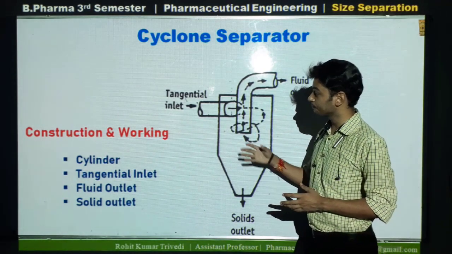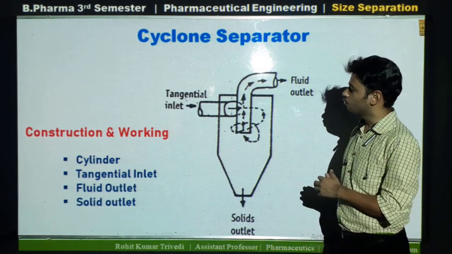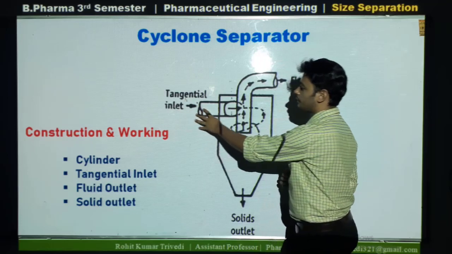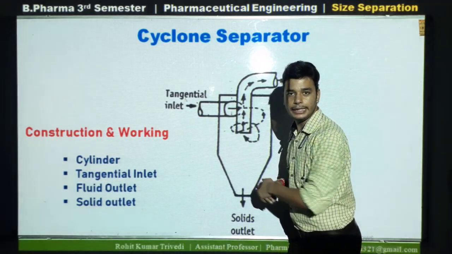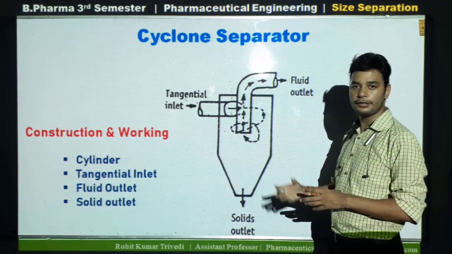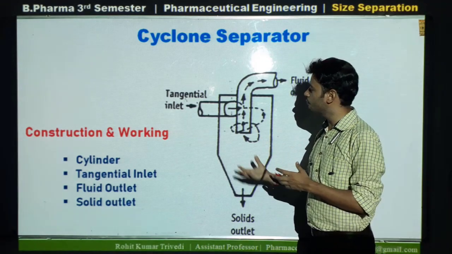Now let's start the working of this cyclone separator. See what happens. The tangential inlet is responsible for the entry of the high velocity air with the solid material, which has a variety of particles with a variety of sizes.